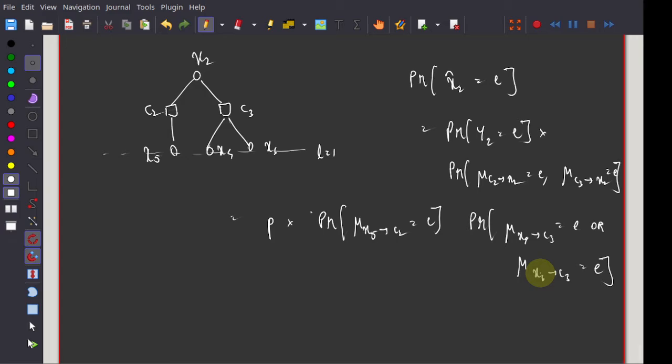Now again, we're making some assumptions over here when we're trying to analyze this probability of error.